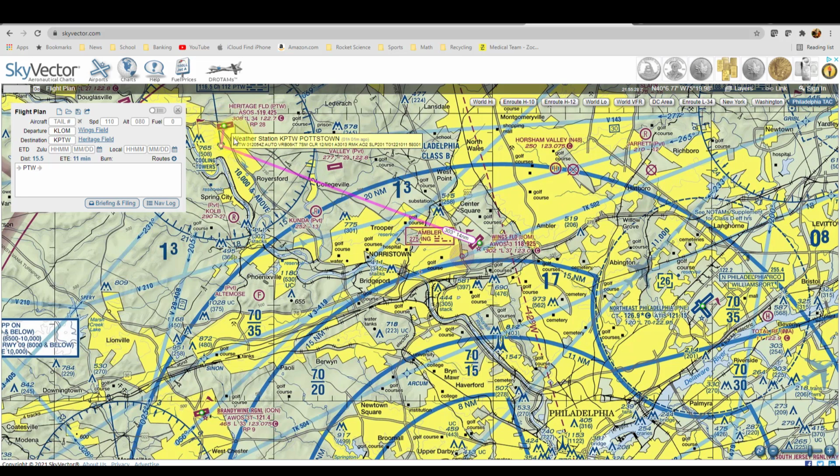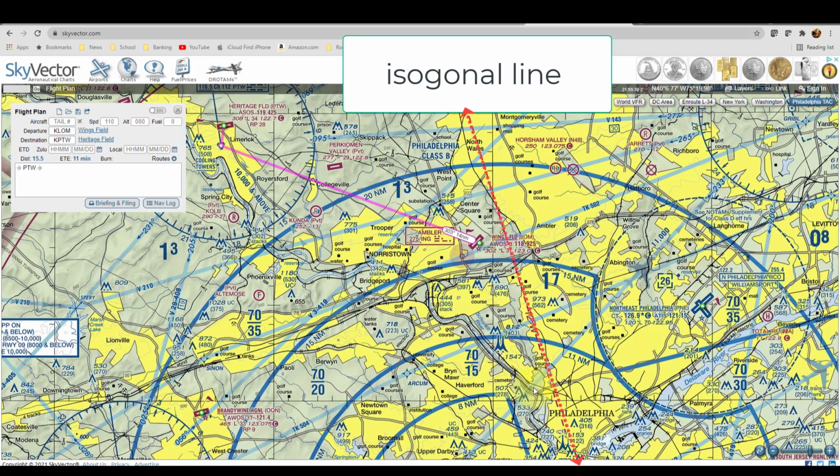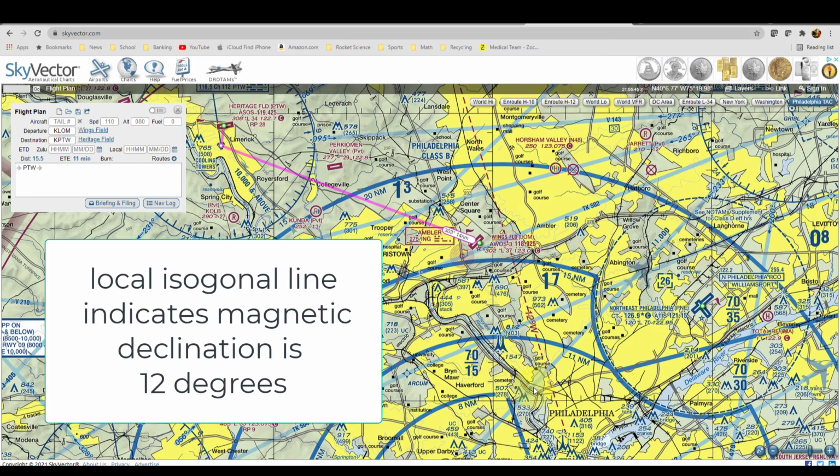But the reason I'm pulling up this navigation chart is because it has this dotted line, which is called an isogonal line, that tells me the correction I need to include from the true north heading, the true heading, to the magnetic heading.